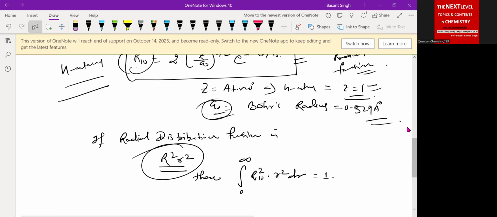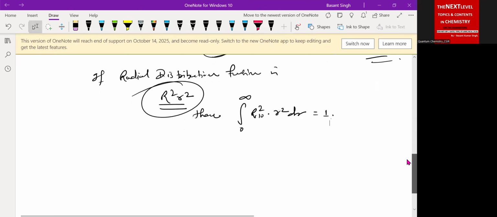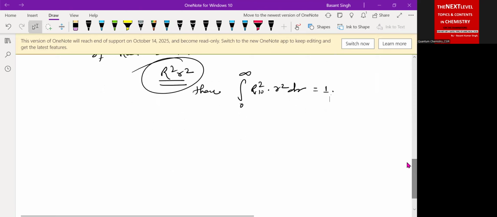Now we put the value of R10 that I have written here.